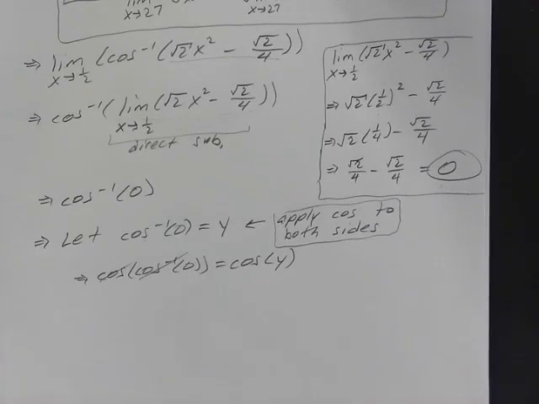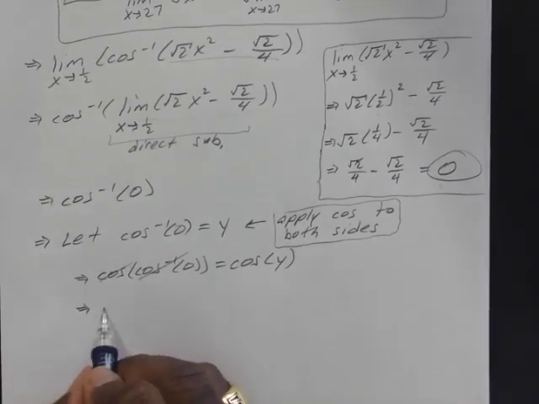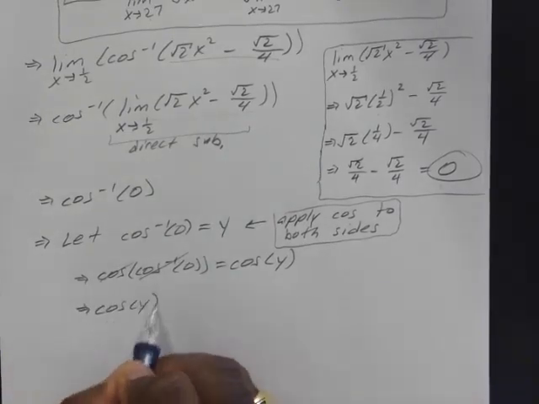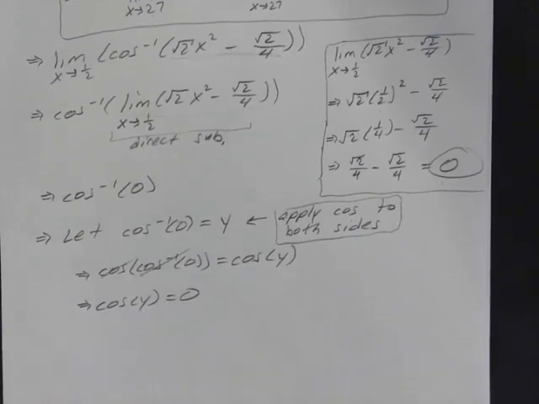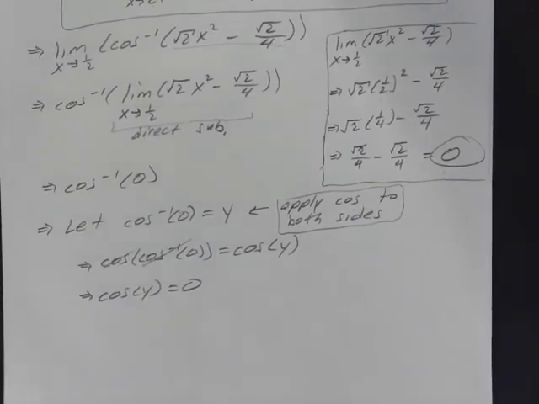So we have cosine of y is equal to 0. Okay. Now there are a ton of values of y, actually an infinite number of values of y that will make cosine of y equals 0.